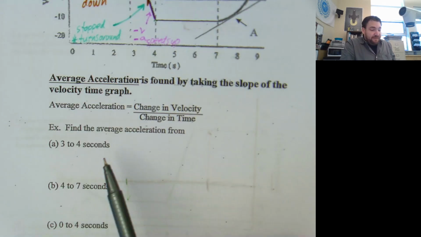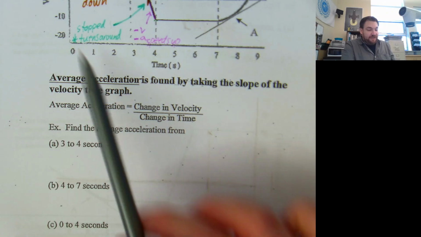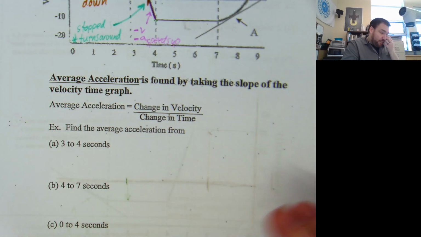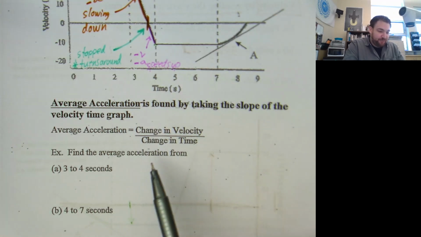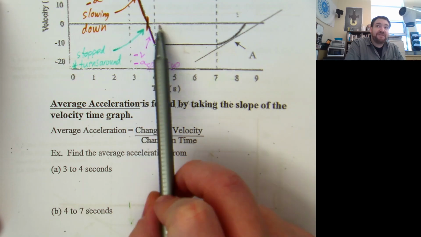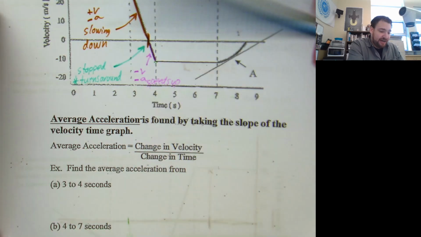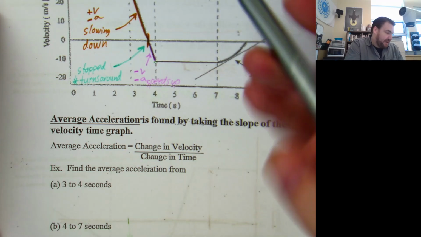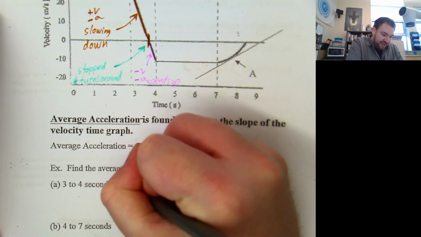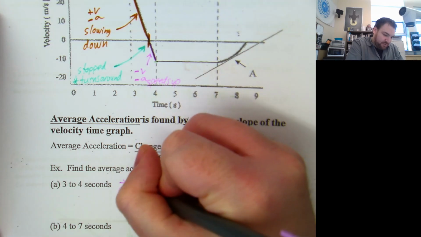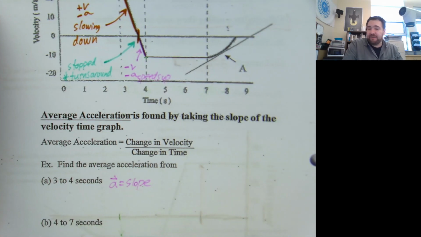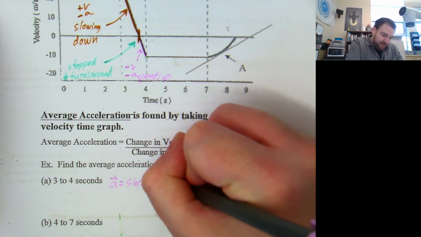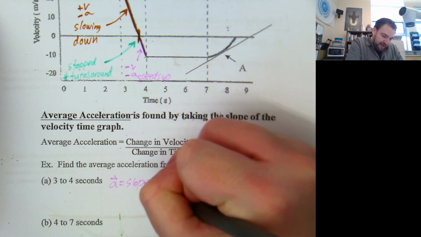So what we can do is find what these accelerations are given the velocity time graph just by finding the slope. If I wanted to find out what the acceleration was from 3 seconds to 4 seconds, so for this window of time right here, the entire time acceleration is constant, I can figure out what that is. Acceleration then is going to equal the slope for that portion of the graph. So that's going to be the rise over the run.